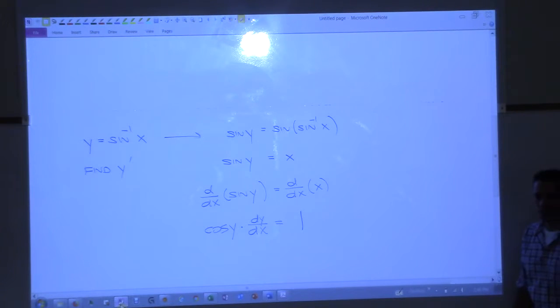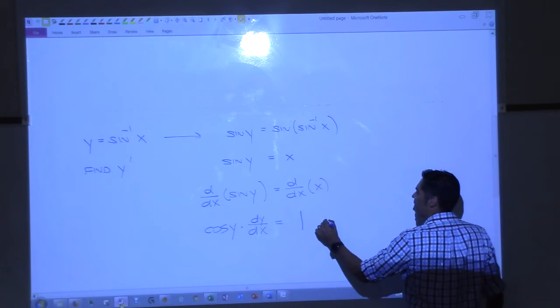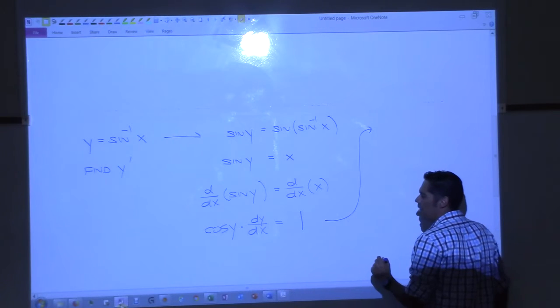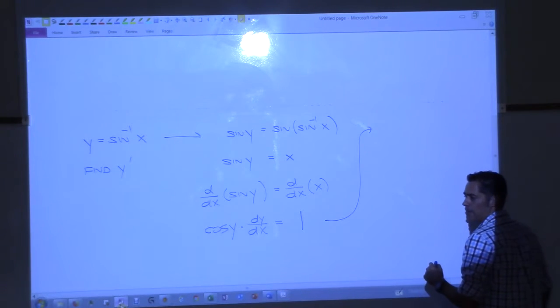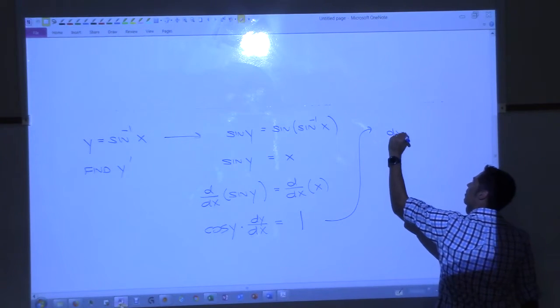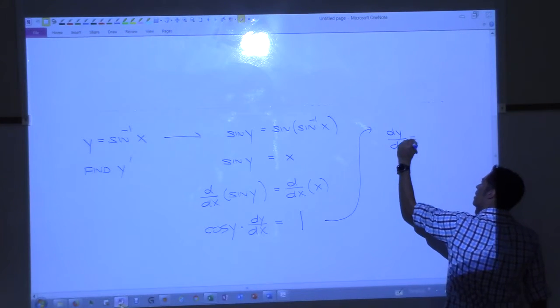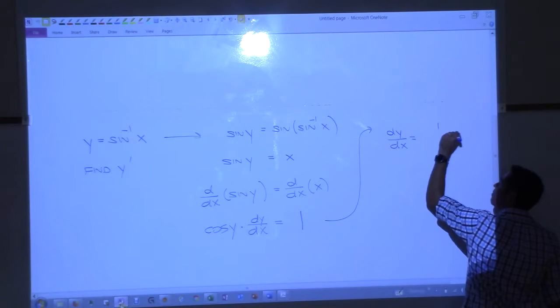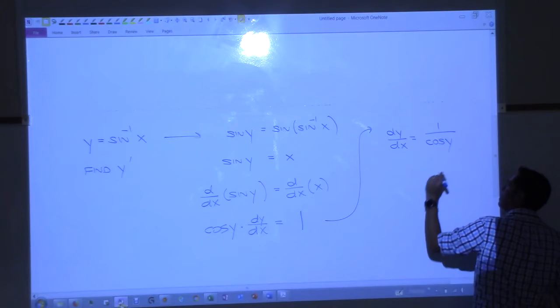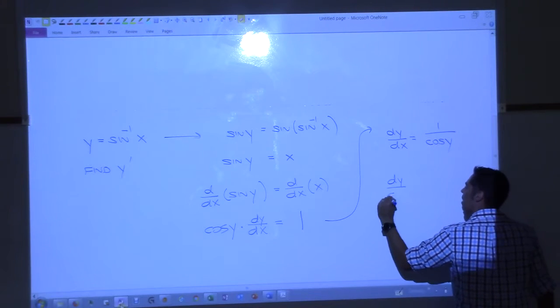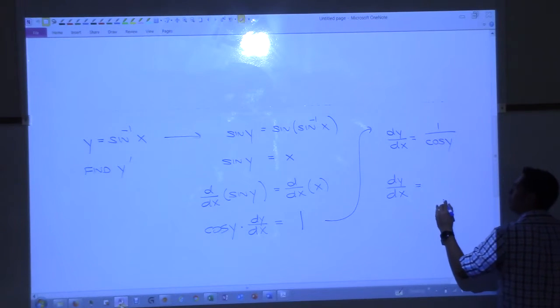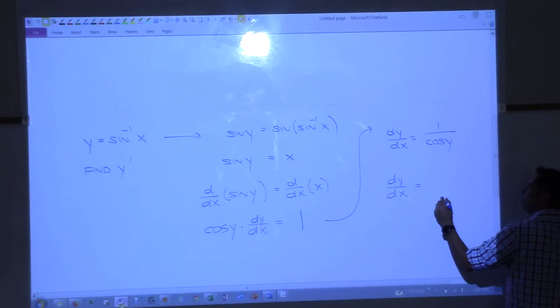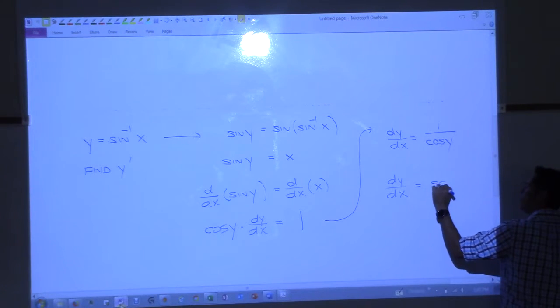Okay, so let's solve for dy dx. If I solve for dy dx, I have to divide both sides by cosine y, don't I? So dy dx is equal to 1 over cosine y. And by definition, what is 1 over cosine y? Isn't that secant y?